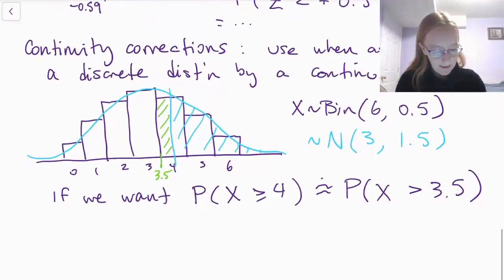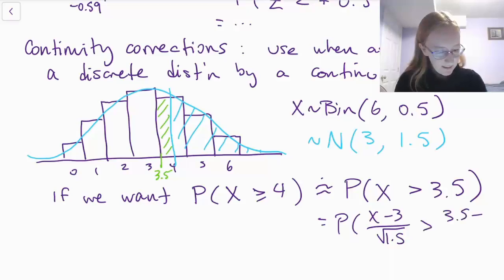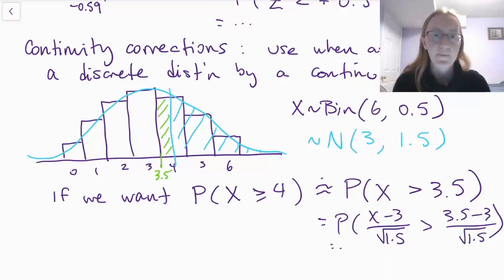So this is going to be the probability that x minus 3 over the square root of 1.5 is greater than 3.5 minus 3 over the square root of 1.5, et cetera. So we would keep going from there. Because we want x greater than or equal to 4, what we really want is all of the area underneath the curve from here and up, rather than from here and up.